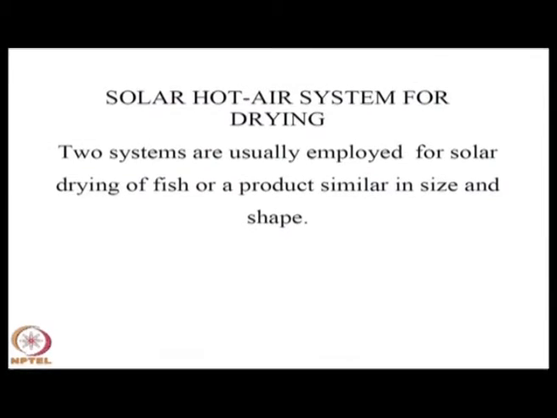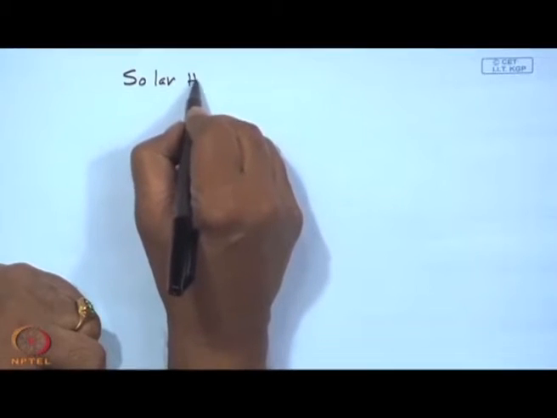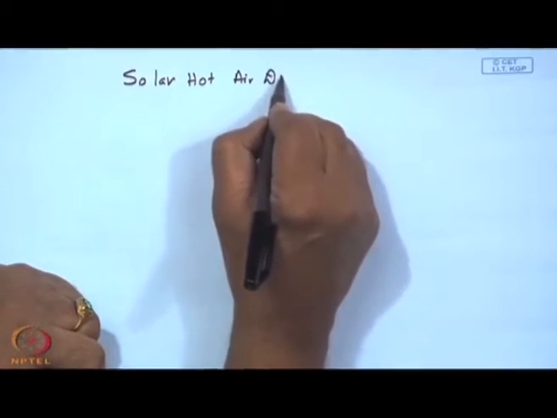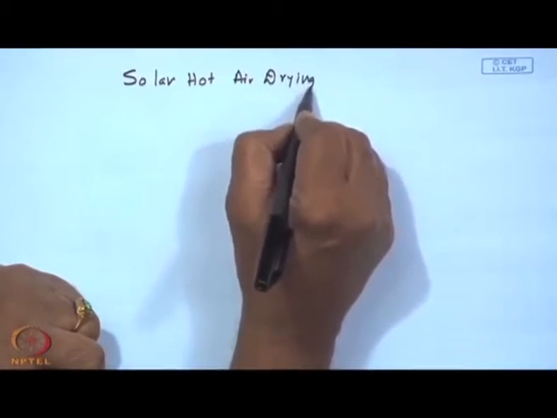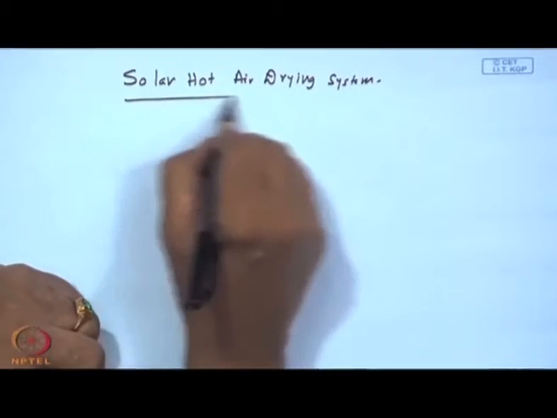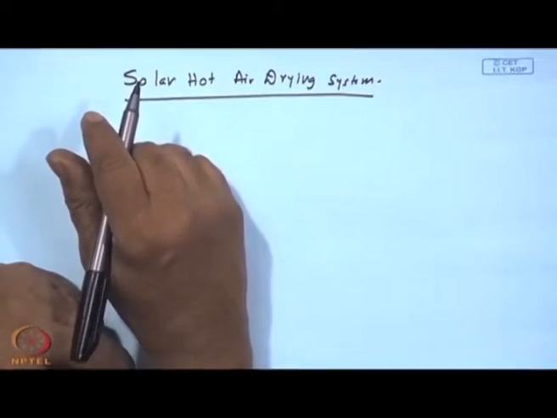So, we may talk about a solar hot air drying system. Invariably, they use, whether be it a direct gain window or be it a trombe wall or a greenhouse, essentially it is an air based system.